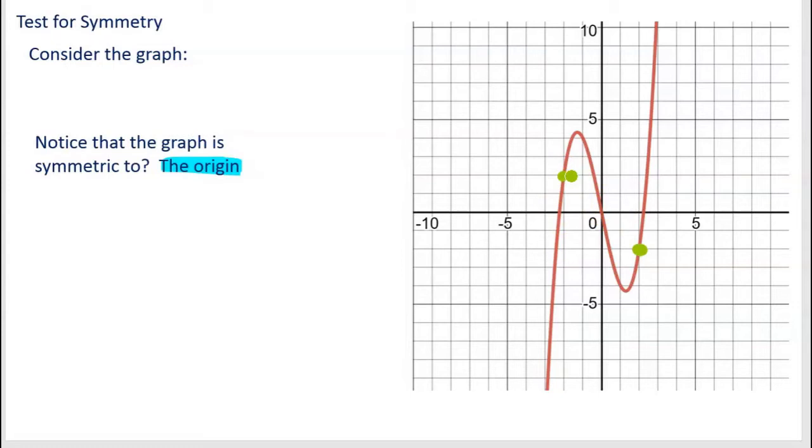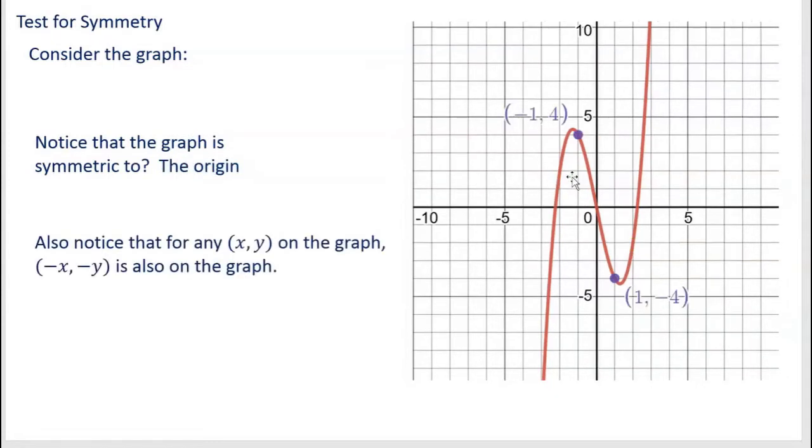I even have a different point picked out to express that. If you plug in 1, your answer is -4, and if you plug in -1, your answer is +4. The way you could say that is, for any (x, y) on the graph, the opposite point (-x, -y) is also on the graph, and that's what describes origin symmetry.